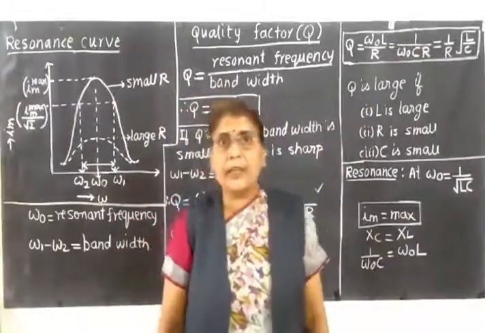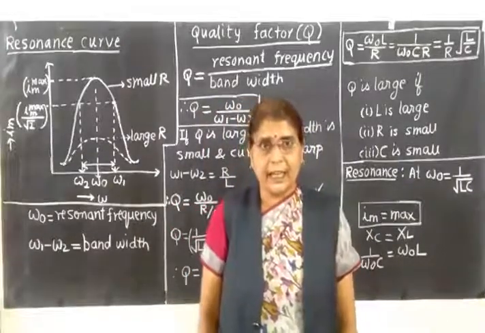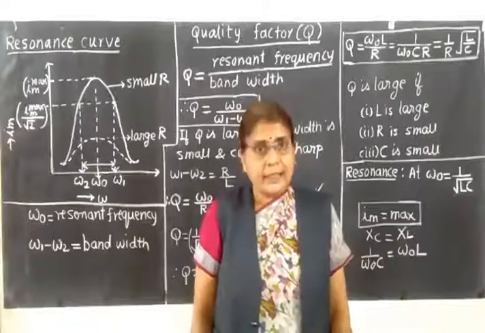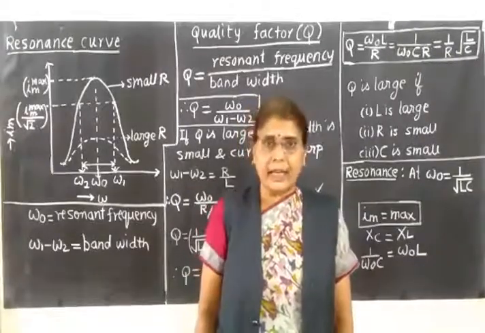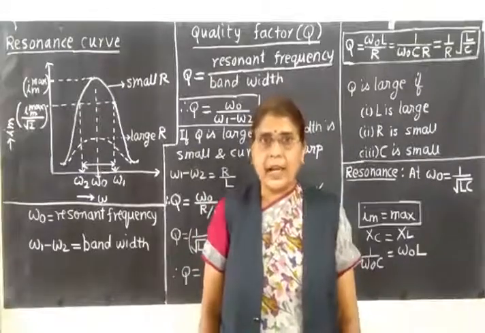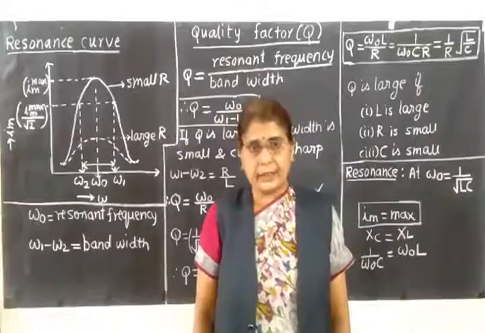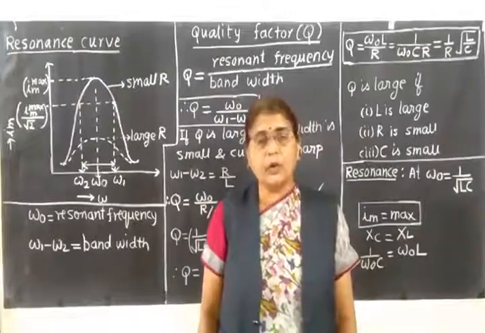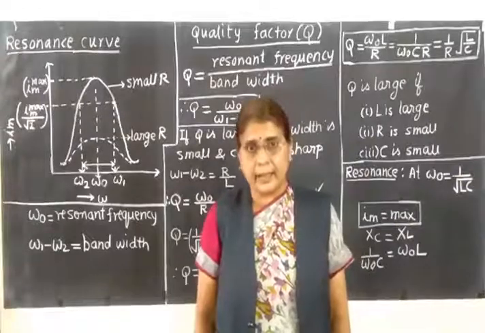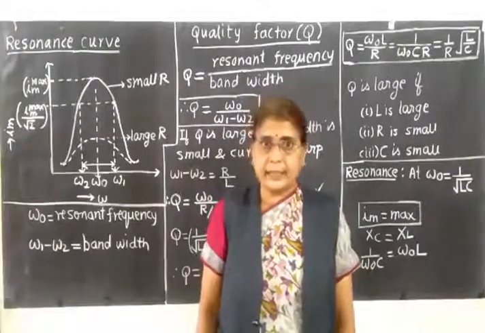Now I will tell you one very interesting use of this resonant LCR circuit. It is used in the receivers of radio and television to tune to a desirable frequency. The antenna receives different signals of different frequencies. Suppose you want to hear a particular radio station or see a particular channel, then you need to receive that particular frequency in the receiver.